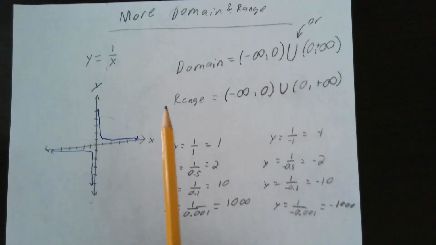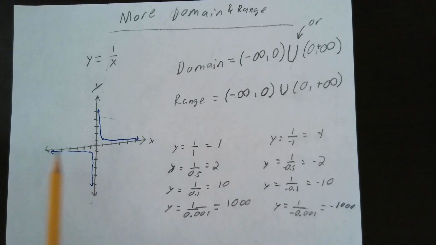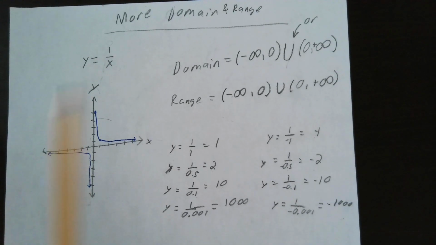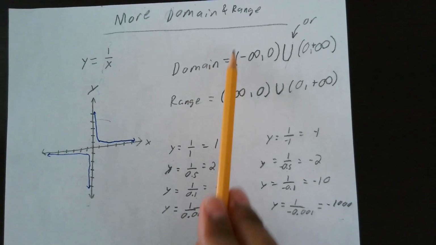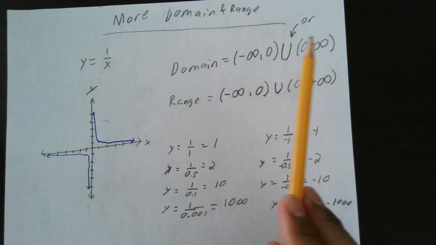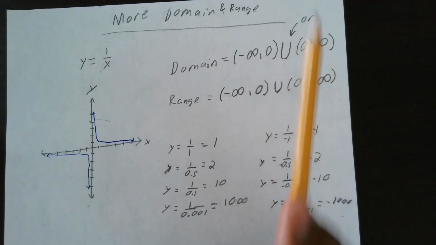Now let's look at the domain of this. We can use any x value that we want, except for 0. And so that's why our domain goes from negative infinity to 0, and from 0 to positive infinity.